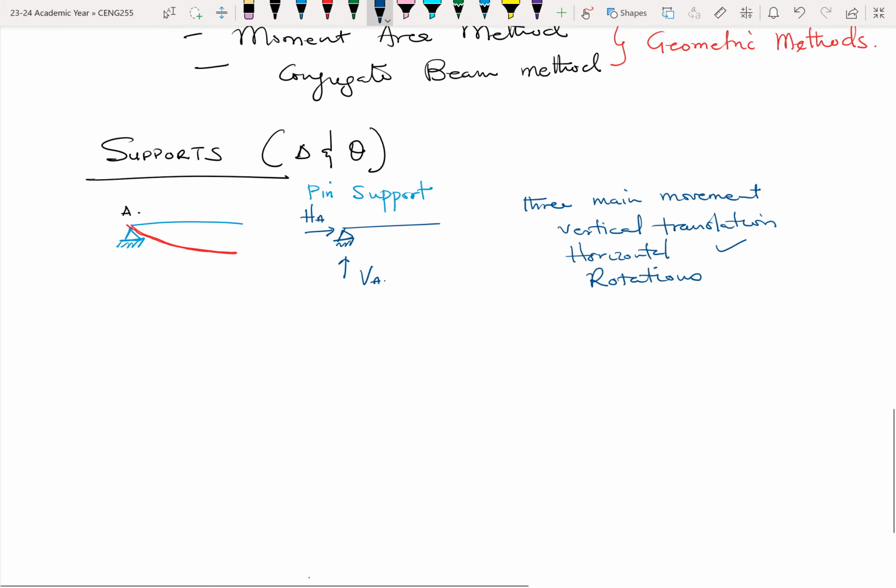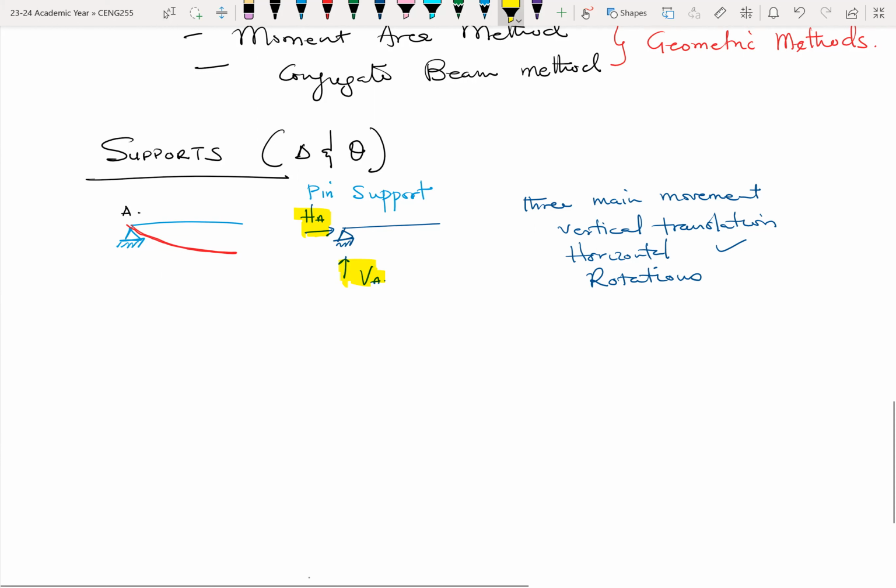Now, if you look at a pin support or a hinge support, it has these two reactions, which means that it prevents translation. Translation is simply a right and left movement or an up and down movement.